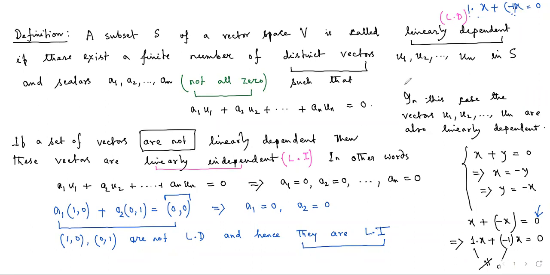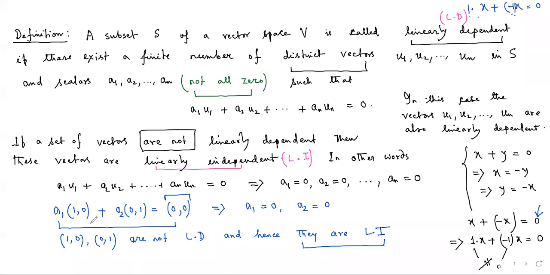But here in this two-dimensional coordinate plane, for the vectors 1, 0 and 0, 1, we choose any arbitrary scalars A1, A2. This can be positive, this can be negative, anything. The nature of the scalar is not important.